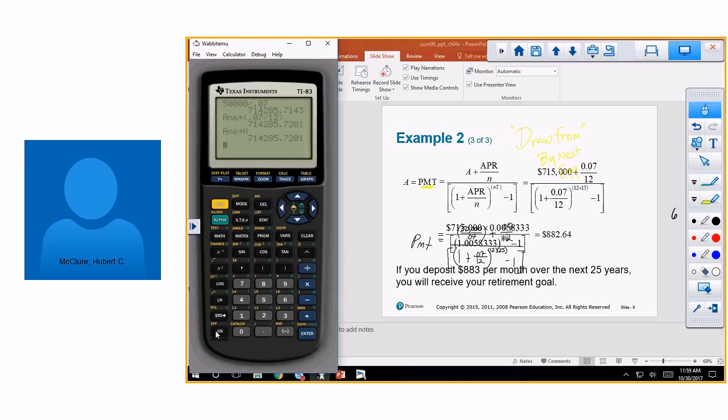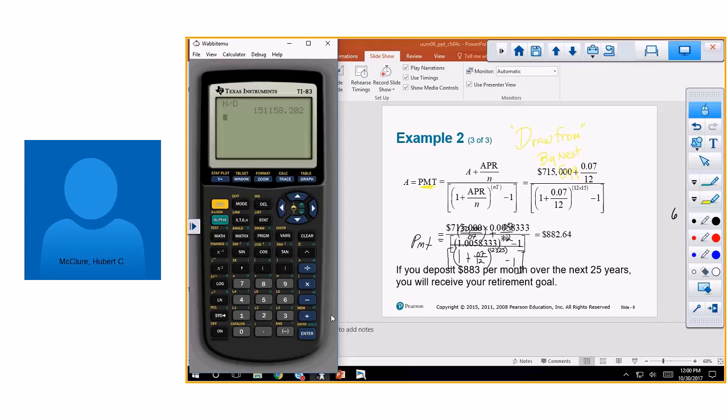So that's going to be on the bottom, 0.07 divided by 12 equals plus 1 equals raised to the parentheses 12 times 25 close parentheses equals minus 1 equals, store alpha D. Clear. Alpha N divided by alpha D is equal.